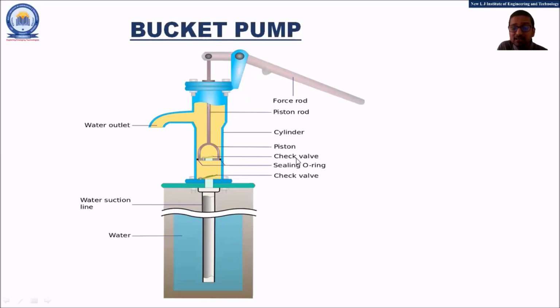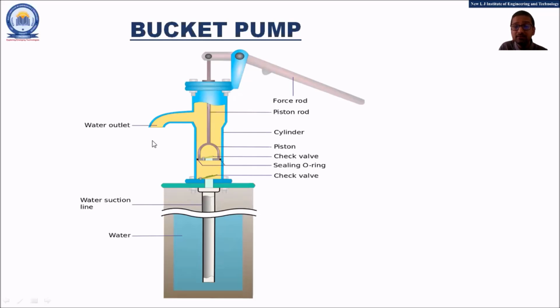In your case, it will be written the bucket valve. That will be on the top of the piston. We are provided with the handle, the piston rod, the suction side. This is the check valve, which is known as the suction valve. The sealing rings are provided with the bucket valve, and this is the water outlet.